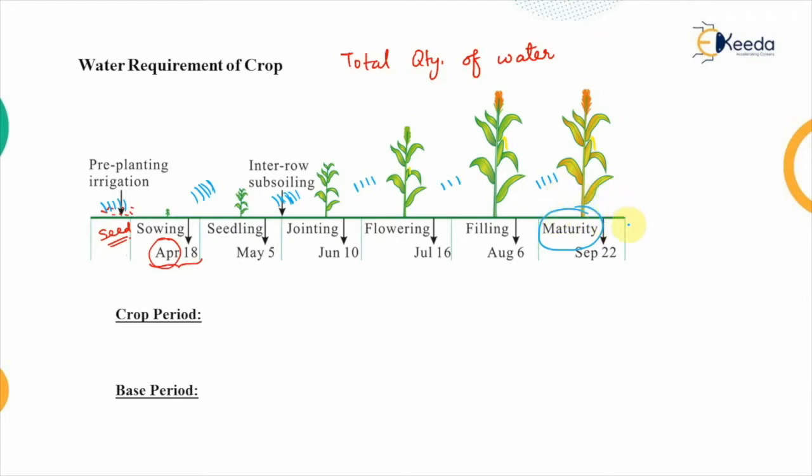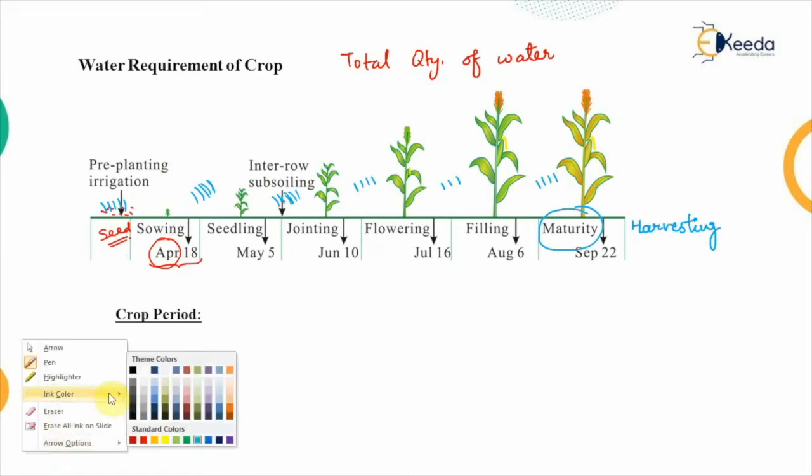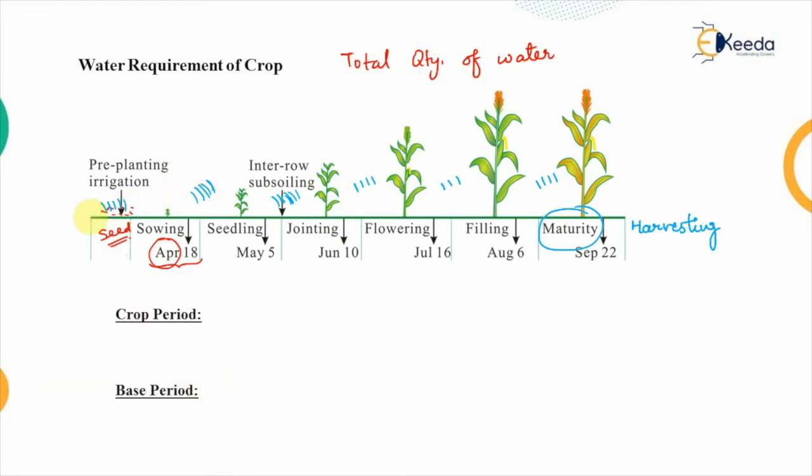After this maturity of the crop has been achieved, the next stage in this cycle will be the harvesting of the crop. So the last stage in the growth of the crop is the harvesting. And the total amount of water required in between, the part I am highlighting, signifies the water which is required.